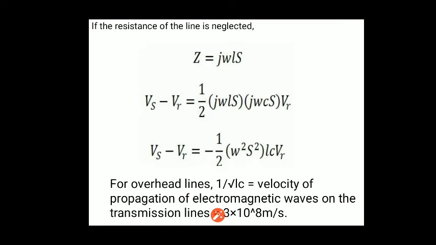For an overhead transmission line, 1 upon under root LC is equal to the velocity of propagation of the electromagnetic waves on the transmission line.